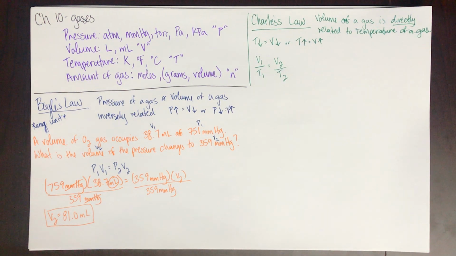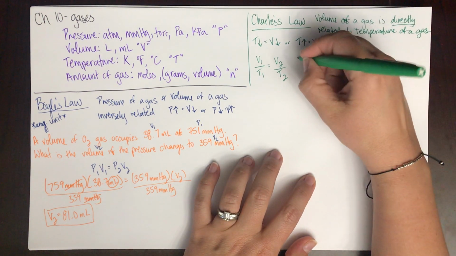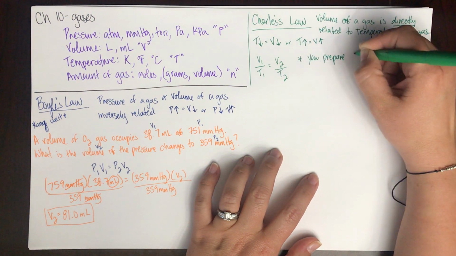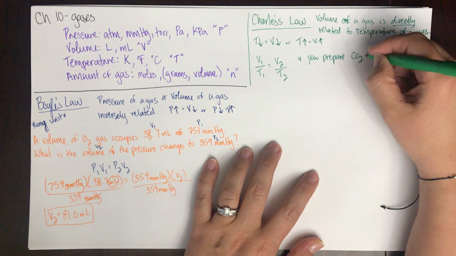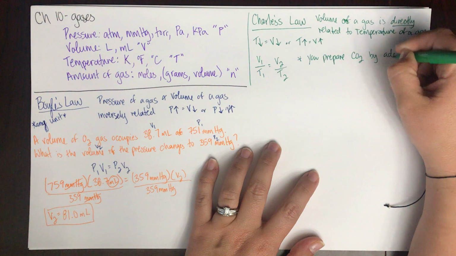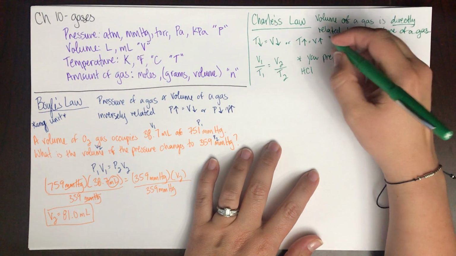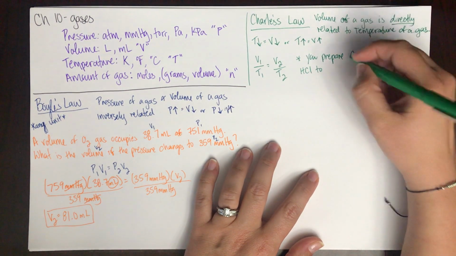So let's look at an example. This says you prepare carbon dioxide, CO2, by adding HCl, hydrochloric acid, to marble chips, which is calcium carbonate.